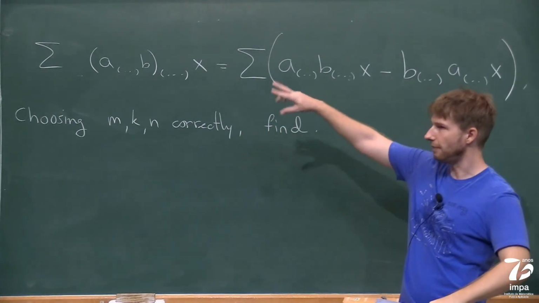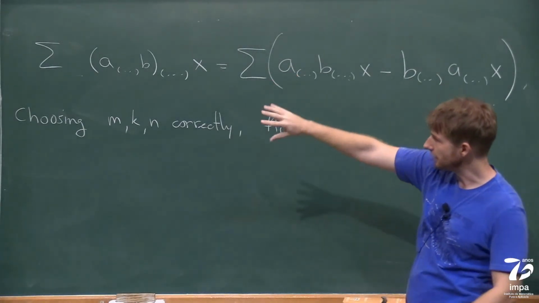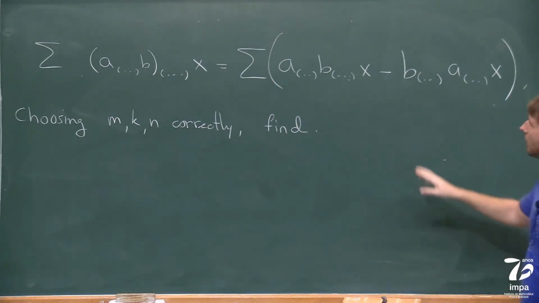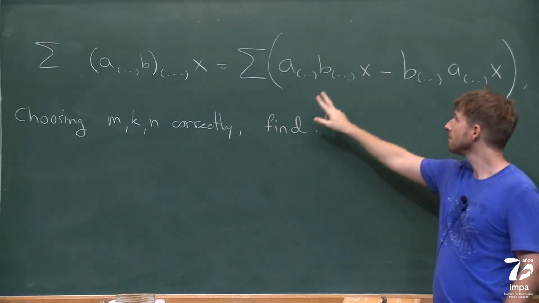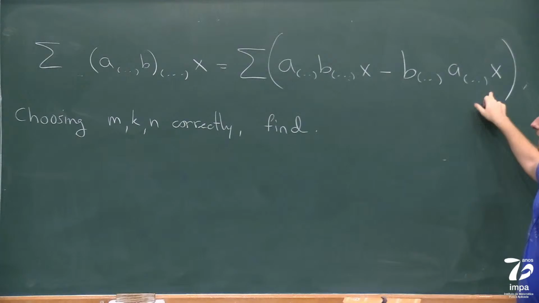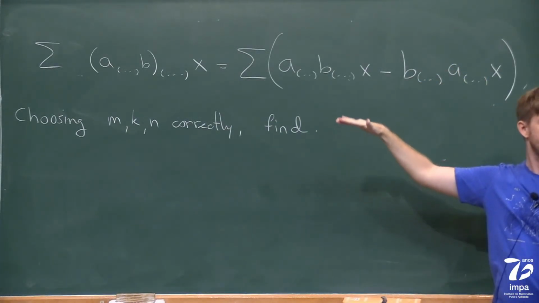By staring at the form of Borcherds' identity in this new conformal grading, you notice that you can choose values of m, k, and n, numbers, so that everything on this side vanishes if x is in this lowest degree piece.